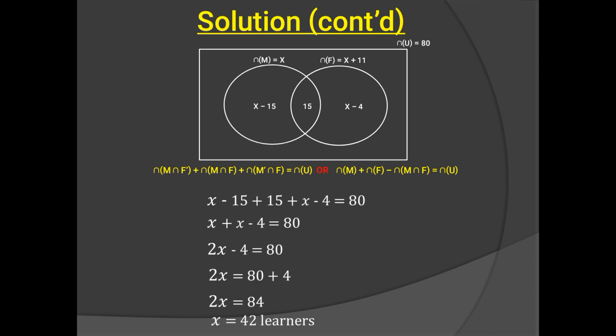So now that we know our x, the question said we should find the number of learners that passed in French, which is x plus 11. Is that not it? But we didn't know our x. Now we know our x to be 42. So the number that passed French is going to be 42 plus 11. You get it? Great.